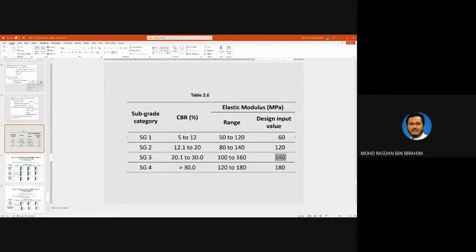It can be SG2 here because the range for SG2 is also between 80 to 140. But the design input for SG2 is 120. Okay, this is imperfect. To me, this method needs to be improved. Okay, so since the value that we got is 140, your SG is SG3.